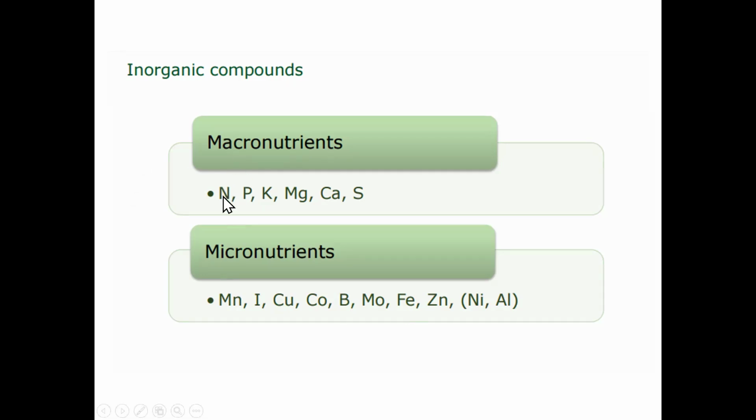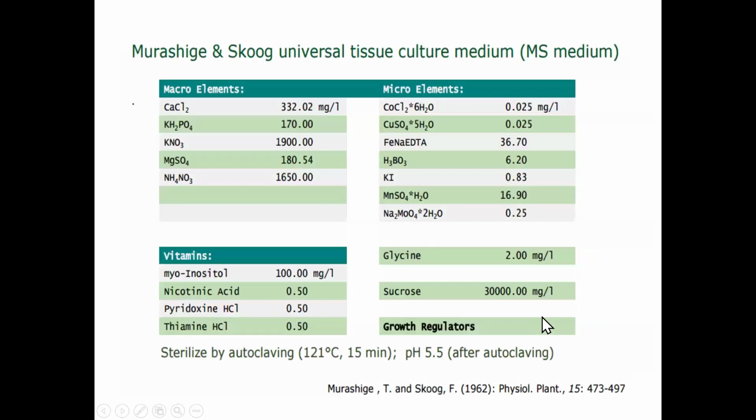Nitrogen is required the most because it is an essential element for DNA, RNA, protein, amino acids, and all other compounds. Phosphorus is a component of DNA and many phosphoproteins and lipids, and potassium is also very important. So these are the macronutrients, and these are the micronutrients.